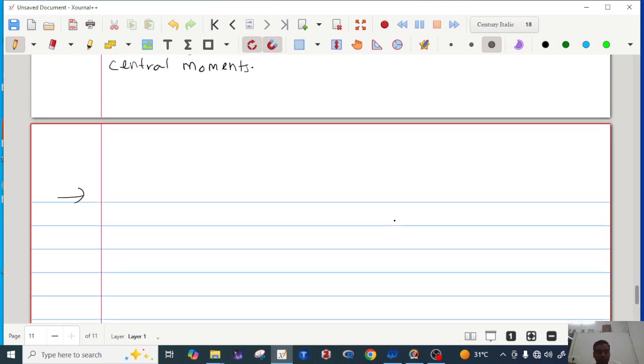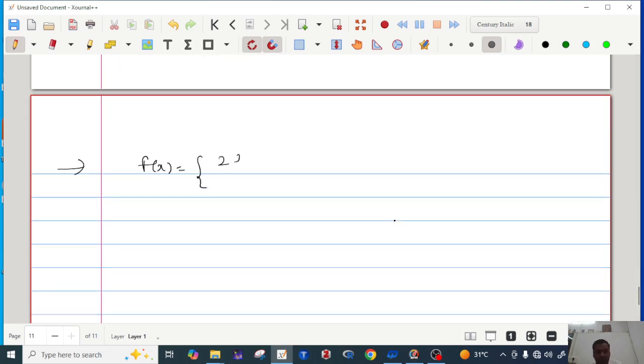Let's see the solution. Here f(x) is 2 into e raised to minus 2x, which is positive.